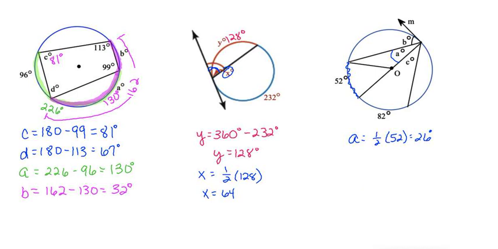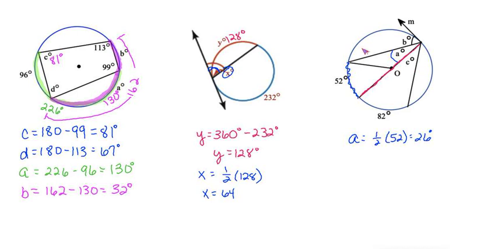Then for B, notice that B intercepts this arc up here. Well, I don't know what this arc measure is, but look what I do know. I do know that O is the center of the circle, so this right here is a diameter, cuts that circle in half.